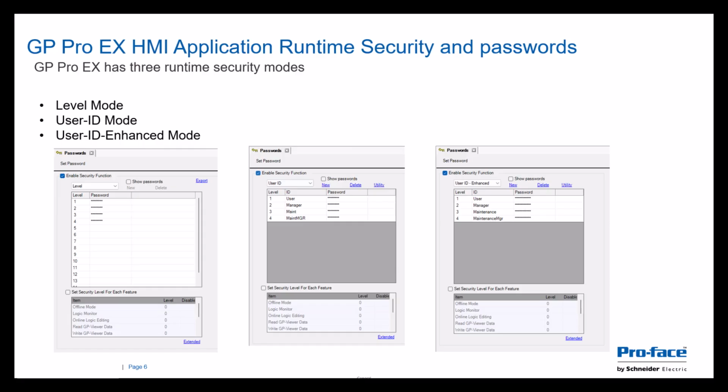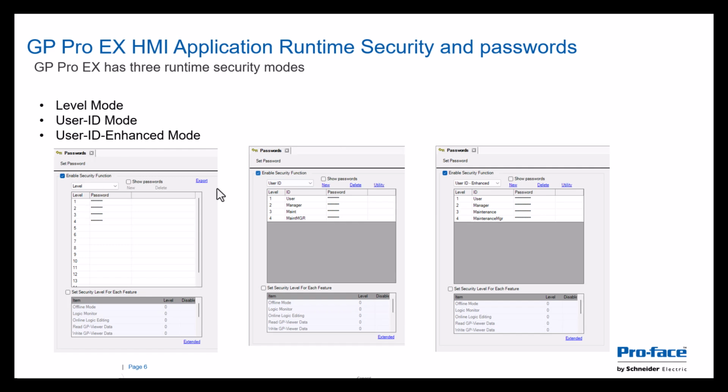GP Pro EX has three different runtime security modes. You can only use one at a time; you have to pick one. The original is simply level mode. The next one is user ID mode, and the third one is user ID enhanced.